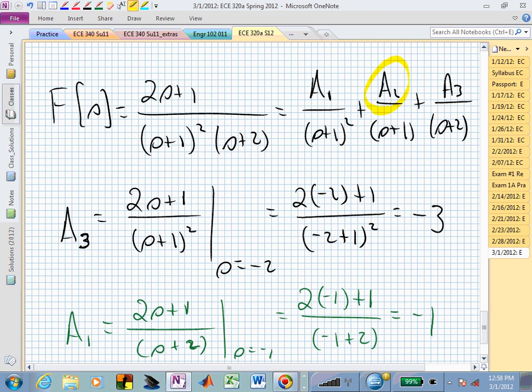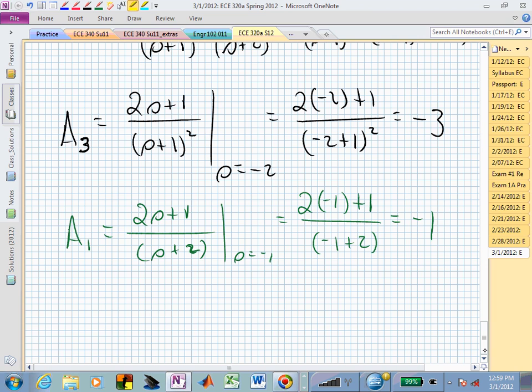So now you can pick any value for s and plug it into both sides and then solve for your only unknown, which is a sub 2. And that's that convenient value of s. So that's technique number 1. Let's just do that.